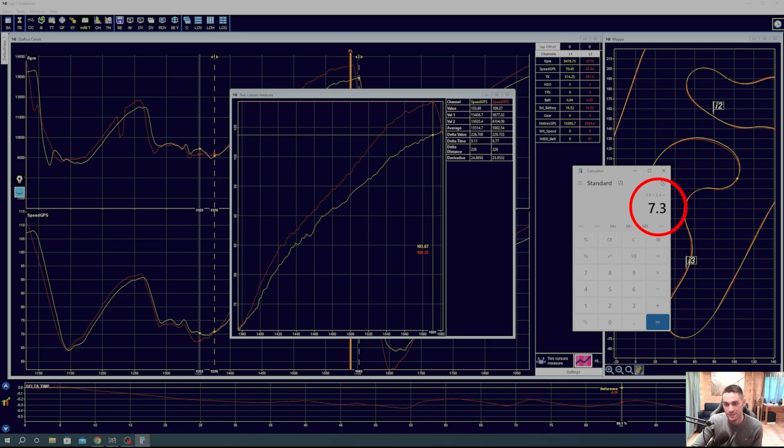7.3 tenths of a second of slipstream difference between a lap when you're alone and a lap when you're in the slipstream. So you can understand that if you would go into quali and try to drive alone here, you would completely suicide yourself.